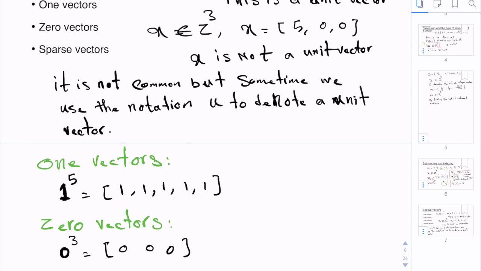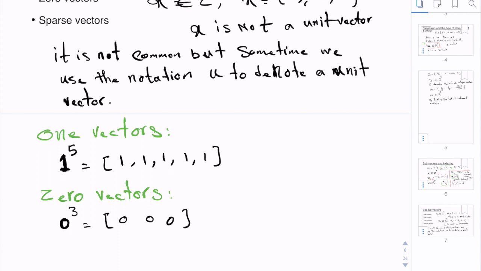For instance, not very necessary, but if I want to define a vector O of dimension n, it is a vector that for all i belonging to n, O of i should be 0, right?